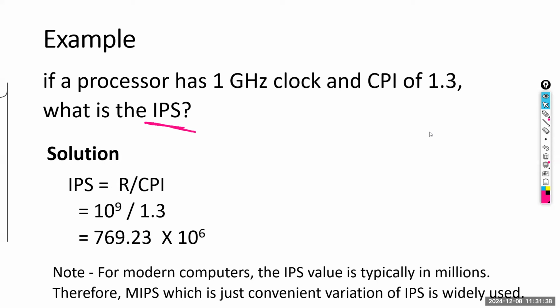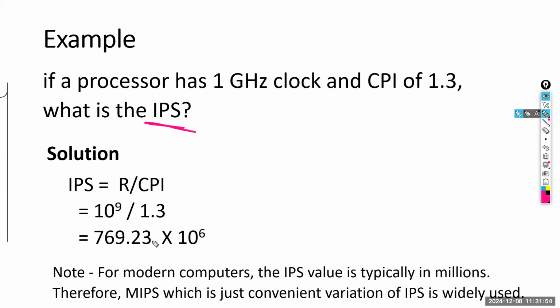So IPS is the clock rate, that is 1 gigahertz, 1 into 10 to the power 9, kilo, mega, giga, 3, 6, 9, divided by CPI. That means the number of instructions executed per second is 769230000 or so. It processes this many machine instructions. For most of us, this comes in millions, or 10 to the power 6, so we usually say millions of instructions per second.